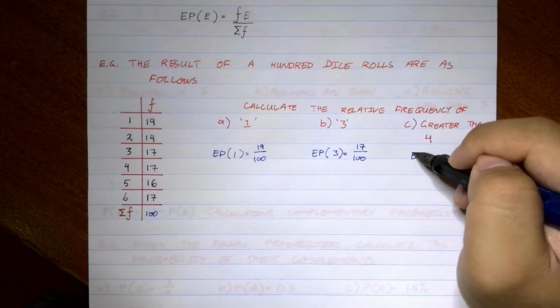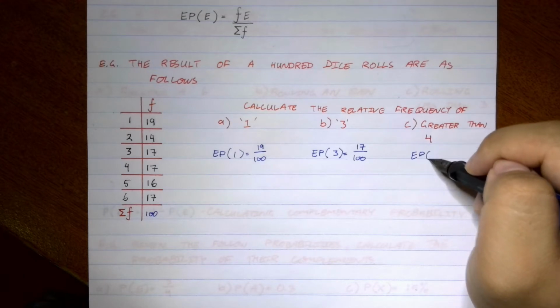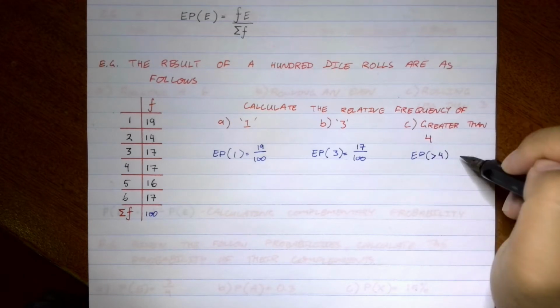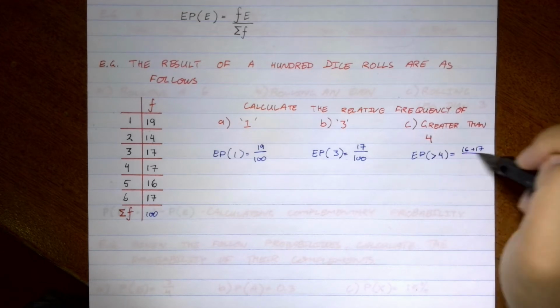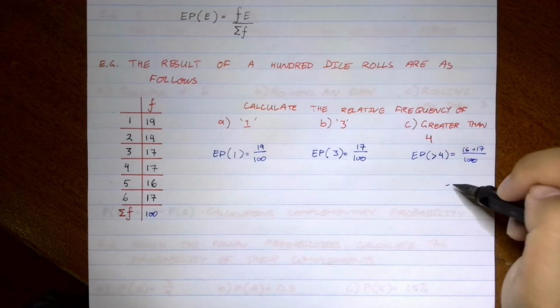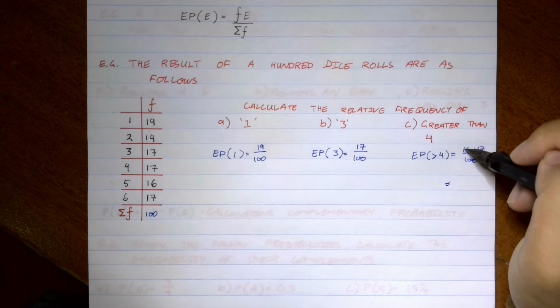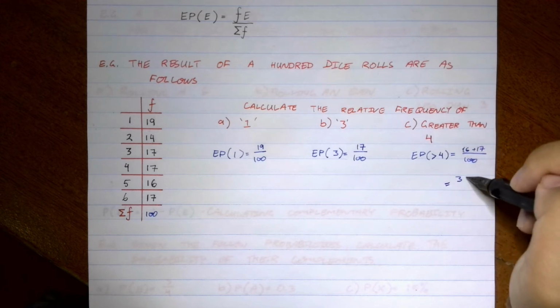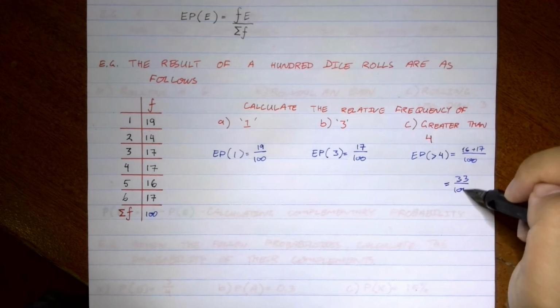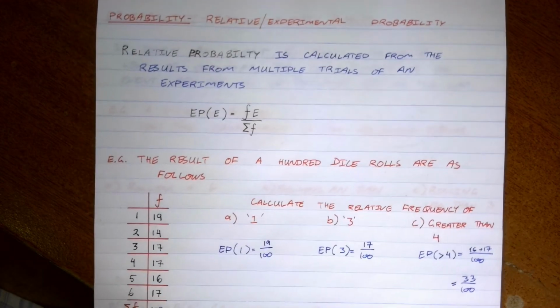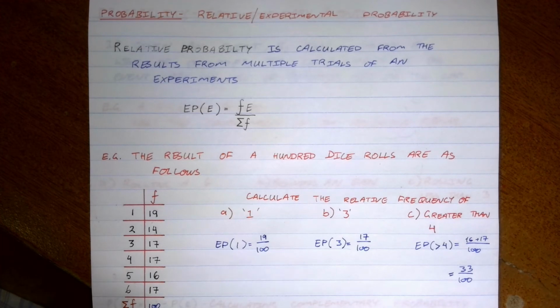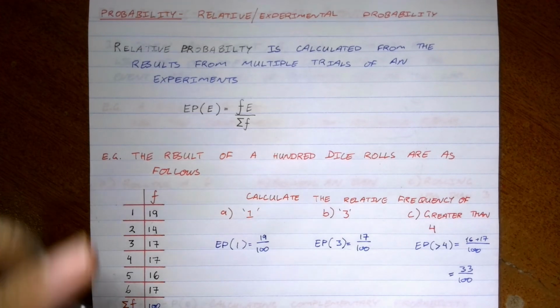So the experimental probability of greater than 4 is equal to 16 plus 17 over 100. That will give us 33 over 100.